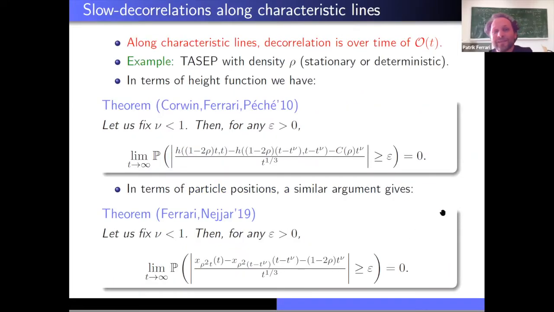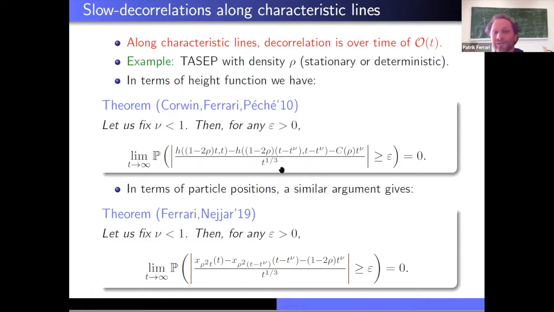Now, the last ingredient that I need concerns the height function, or the position of particles. If you look at the height function at some position, in this case the position (1 minus 2 rho) times t at time t, and you compare it with the height function at a point of the characteristic, which starts from 0 and goes with speed 1 minus 2 rho, at a time which can be very far away but mesoscopic, then the difference is at first order the difference of the law of large numbers.